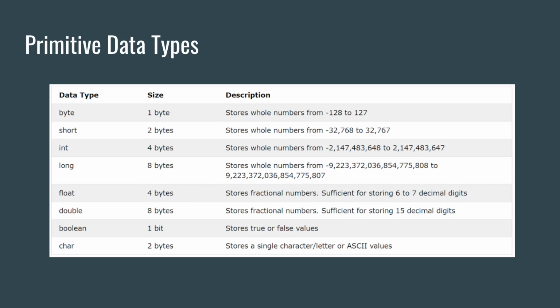A float is for decimal places, so it'll be able to store something like 3.999. You can't do that with the integer or long. All the first three are whole number values. Okay. And then double is again decimal places, but it can store more decimal places.